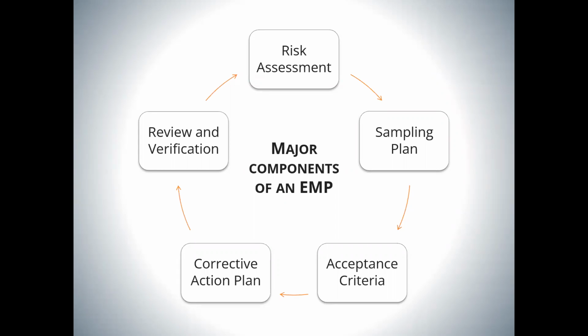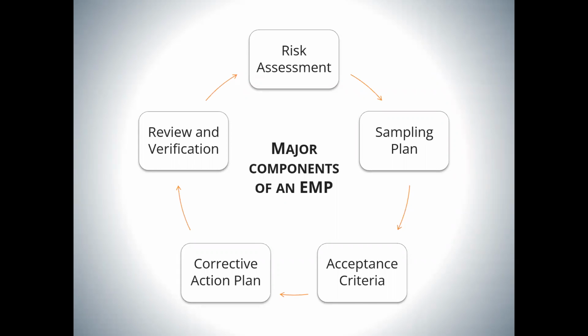And then you should have acceptance criteria that define what is acceptable and what is considered out of specification, whether it's a pathogen result or indicator enumeration. And then you need to have a corrective action plan to tell you what you will do if you have an out of specification testing result or pathogen positive result.